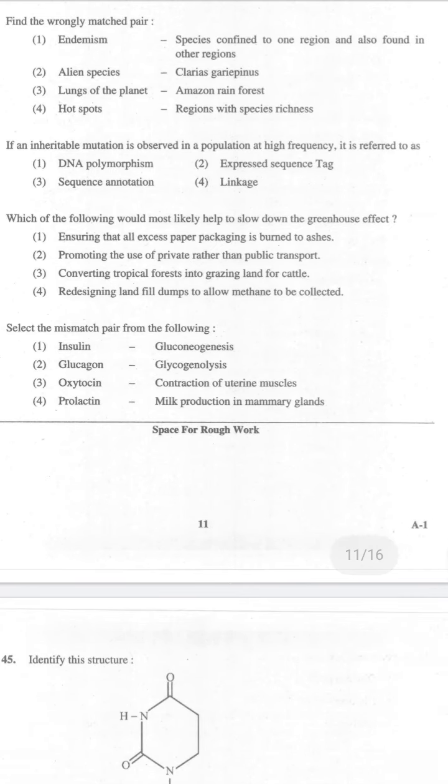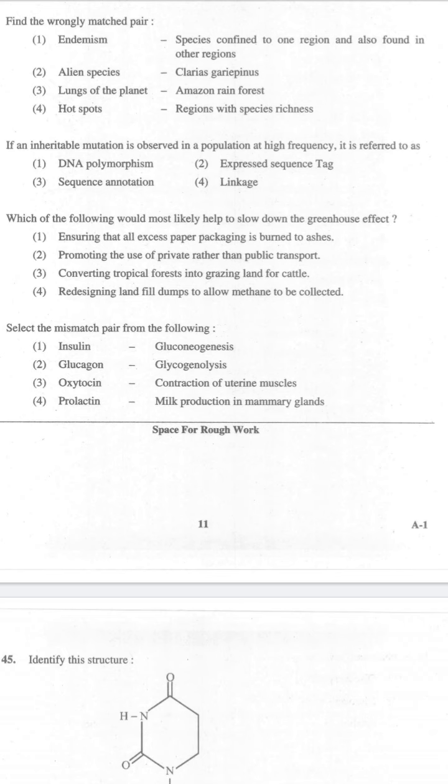The correct option is option 4. And let's talk about the solution. The greenhouse effect is a naturally occurring phenomenon that is responsible for heating of Earth's surface and atmosphere.